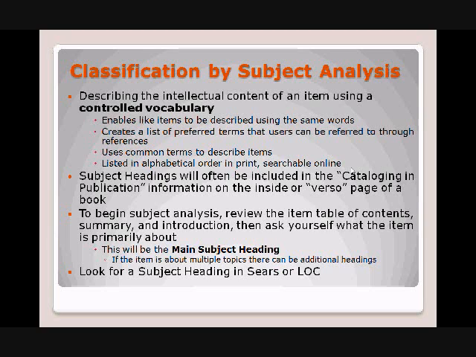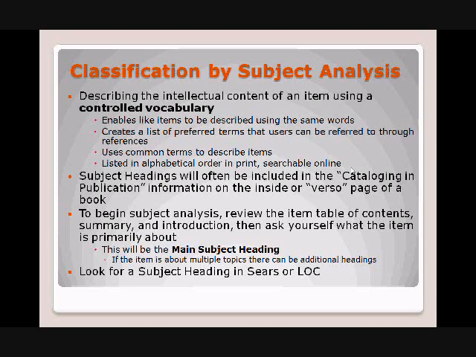So generally, when you are beginning subject analysis, which is what this part of cataloging is called, to classify an item, to find a place for it in your library collection, you don't have to read the entire book.